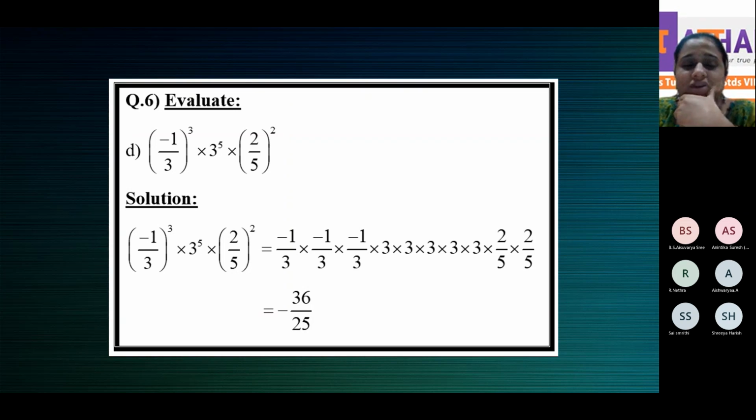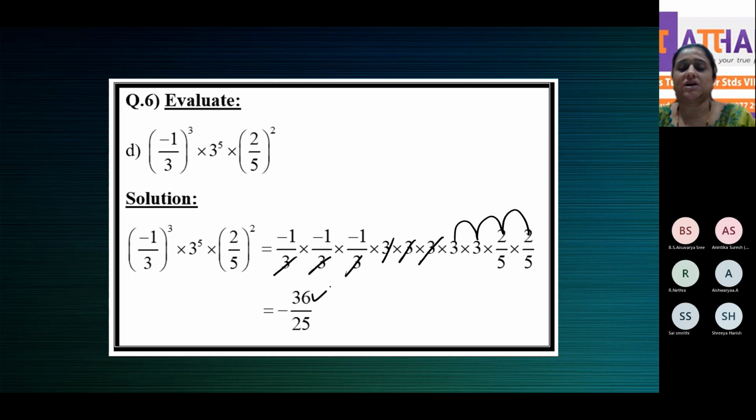Minus 1 by 3, 3 times, 3, 5 times, 2 by 5, 2 times. You can now cancel. Yes, we got the same. 1, 2, 3 threes, 1, 2, 3 threes. You can cancel. Now multiply the remaining. 3 threes are 9, 18, 36. Divided by 5 fives, which are 25. Now minus into minus plus, plus into minus minus.